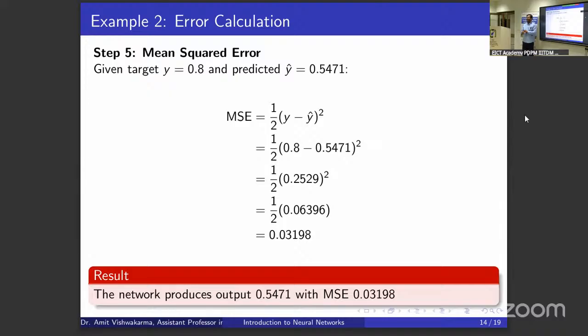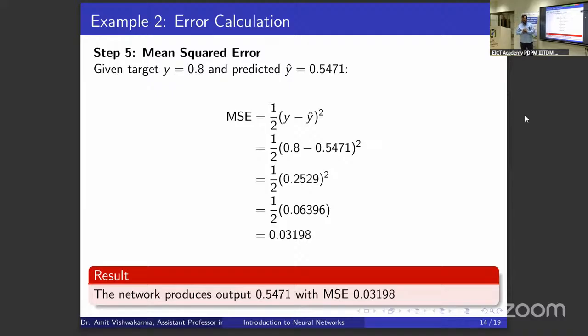We can change. So the things we can change are W and B, and these W and B are basically learnable parameters, right?